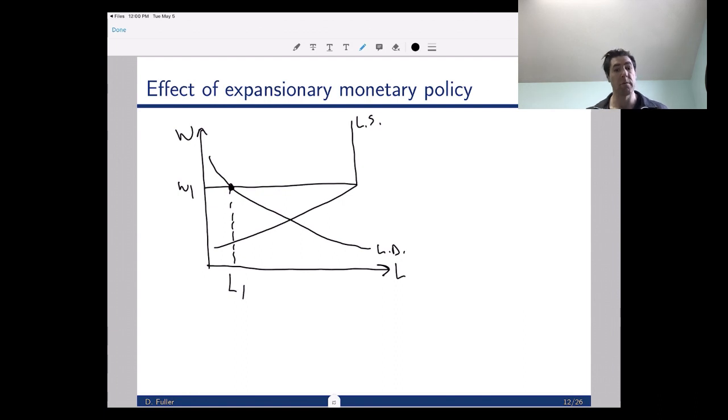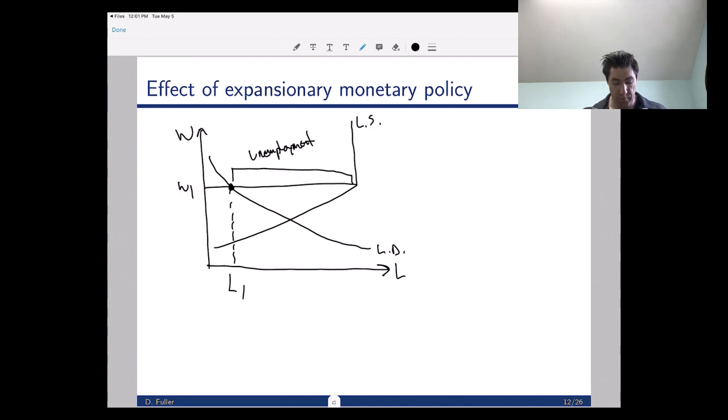So here we are at L1, and the wage is stuck at W1. And so we have a lot of unemployment here, right? So these are all people that would be willing to work, their labor supply. They're willing to work at W1, but they can't because there's not enough demand.